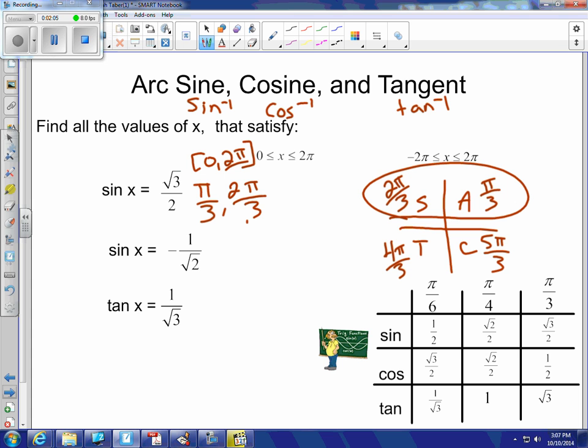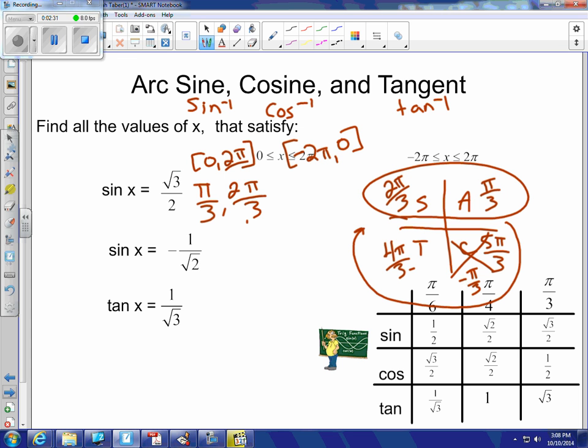Okay? But now we want negative 2 pi to 0. So how do we find that? Well, we're going to take our graph and go this way instead. So this is going to be negative pi over 3, which is not going to help us because sine isn't positive in that one.